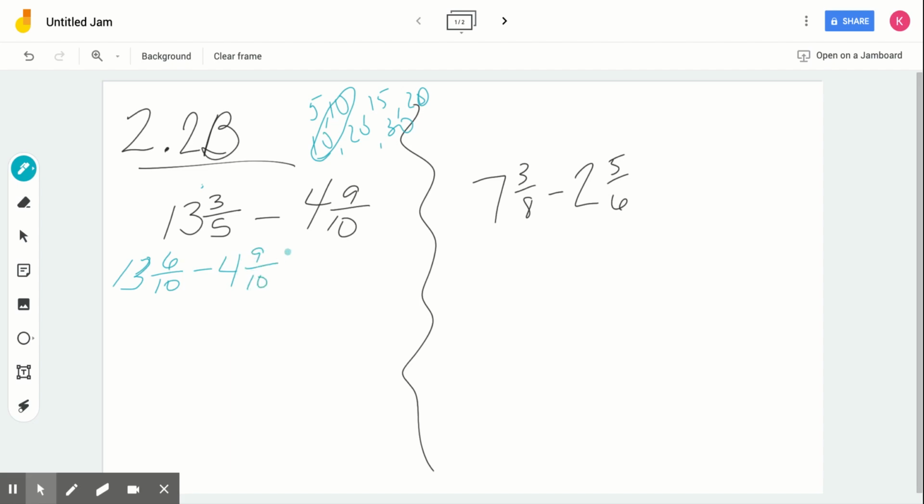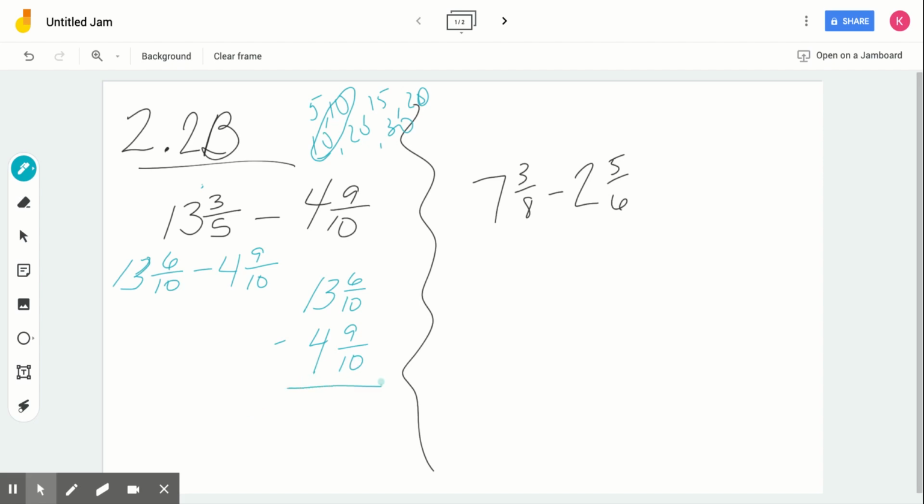Now, we can't take 9/10 away from 6/10, so we need to borrow. I like to rewrite these vertically, so 13 and 6/10 minus 4 and 9/10.